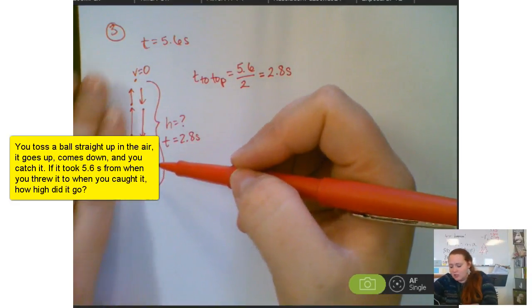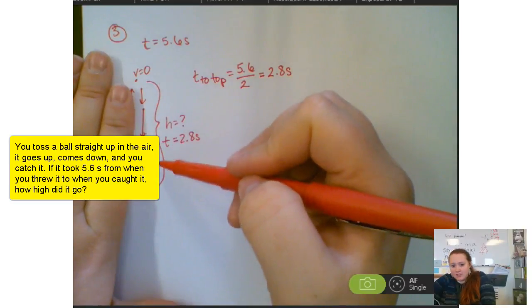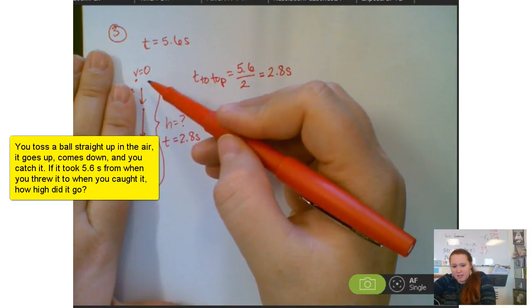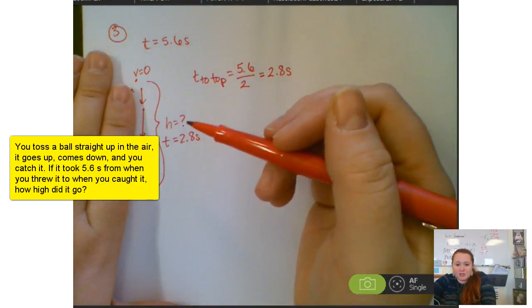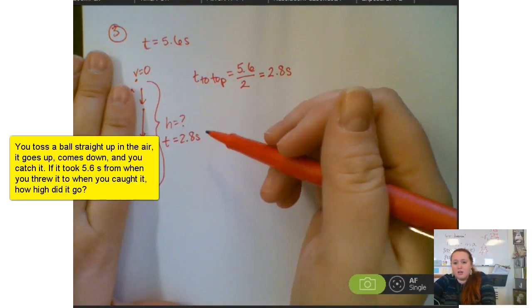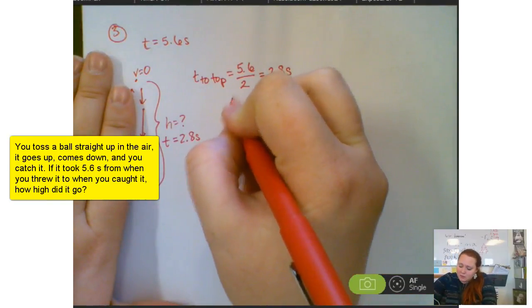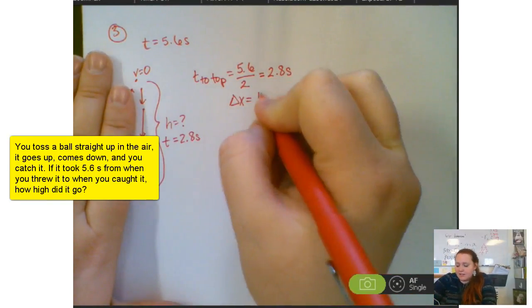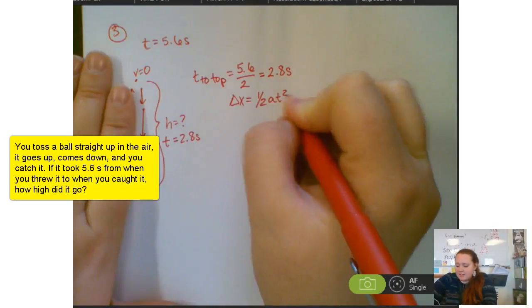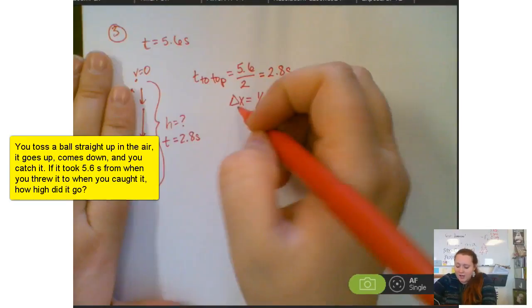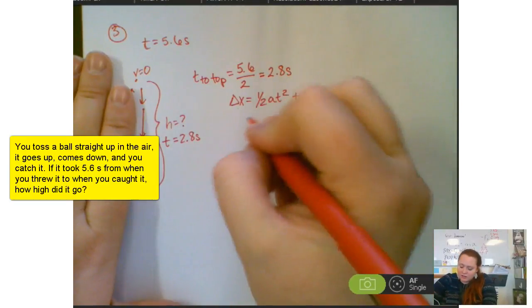So if I just look at the second part and make this v equals 0, my initial speed, I can use the same equation that I just used in number 2 to find my height. So let me just show you how this works out. Delta x equals 1/2 a t squared plus v_i t. I'm going to look at just the second part and try to find this height.